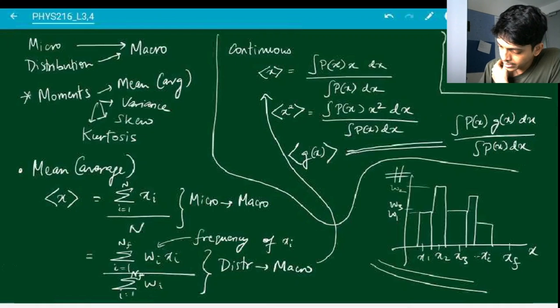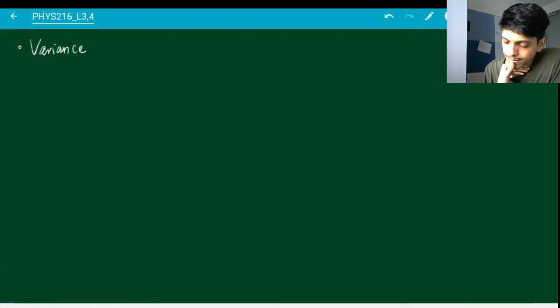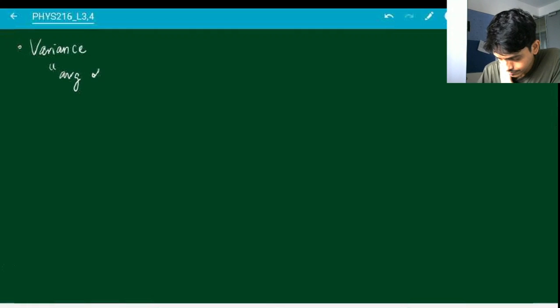We can talk about the next moment, which is variance. One common way of remembering how to define variance is that it is the average of the square minus the square of the average.